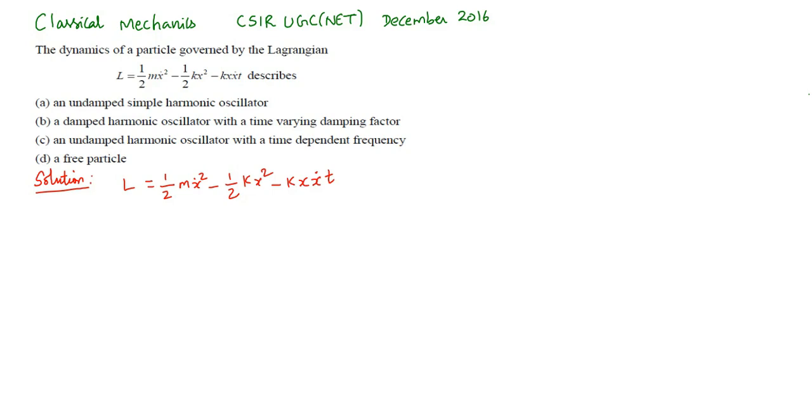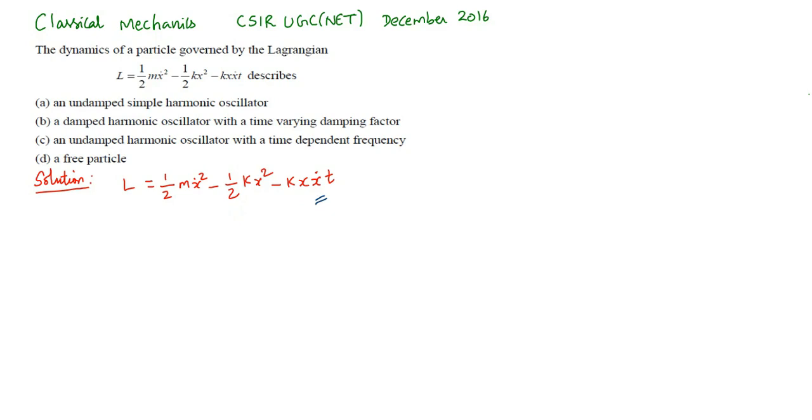Suppose this term is not present, this looks like a free particle Lagrangian, correct? And suppose this term is not present, it looks like a harmonic oscillator Lagrangian. And due to the presence of x dot, usually we think it may be due to a damping factor.